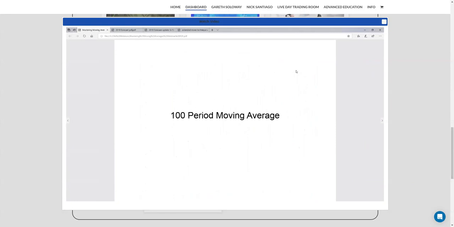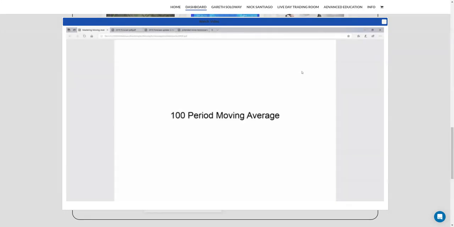All right, so the 100 period moving average I added in last year. And I got to say, it's been worth its weight in gold. In the past, I didn't use the 100. In the 90s, I used it a bit. And then I found it just wasn't working. And when something isn't giving me good results or I can't really rely on it, 70% of the time, I discard it.